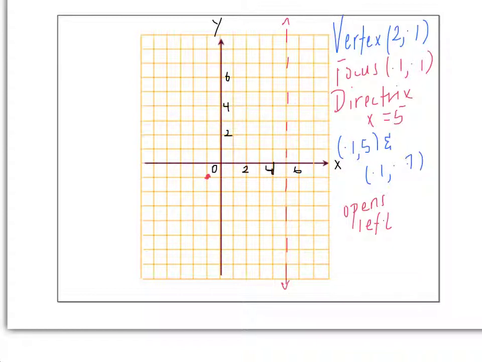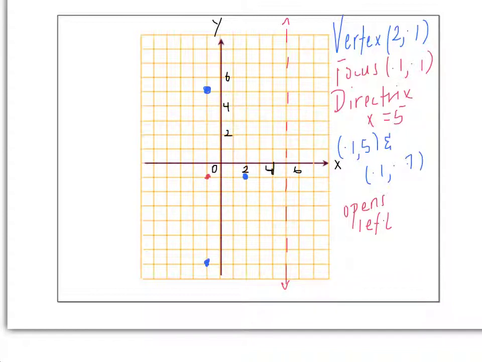We know the parabola opens to the left. We have a vertex at 2, -1. We have a focus. I'm sorry, we already did the focus. We have an ordered pair of -1, 5, and another ordered pair of -1, -7. 1, 2, 3, 4, 5, 6, 7, which is about there.